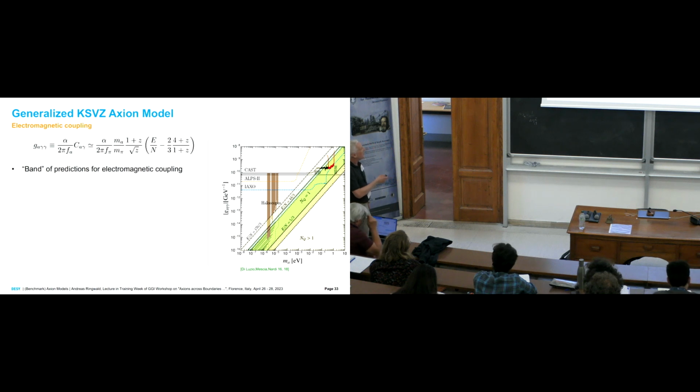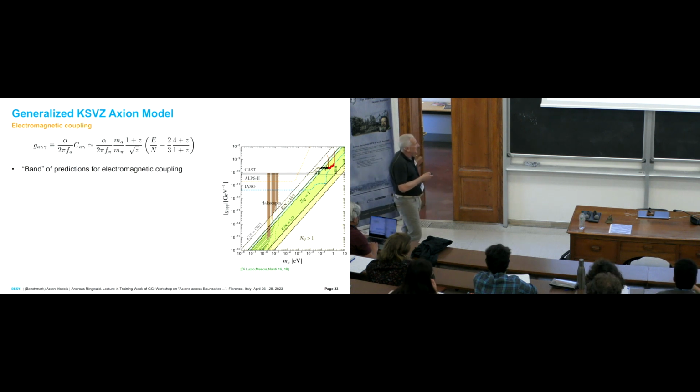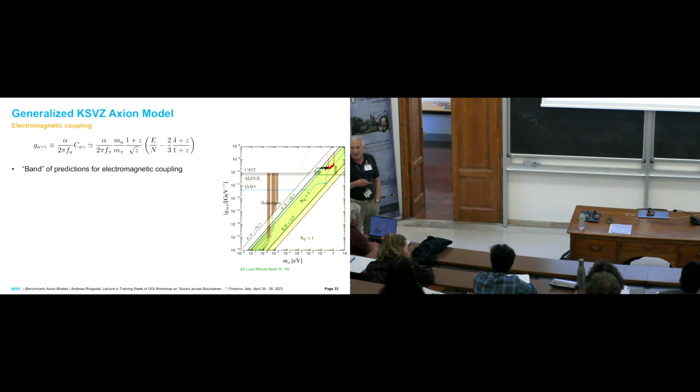I mean, you could make E larger and larger, but if E is larger and larger, you have more and more electromagnetically charged particles, and then at some point you hit the Landau pole below the Planck mass and so on. So it's quite a big band, but this is the benchmark band for the KSVZ axion models.